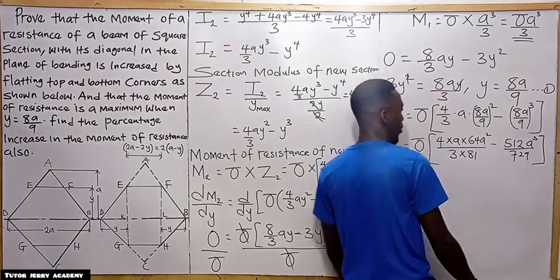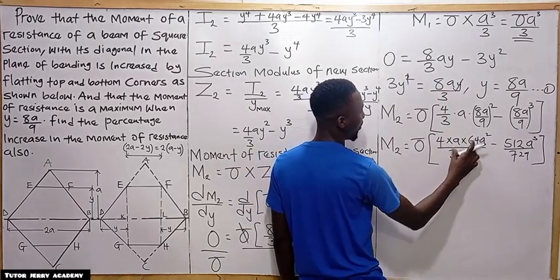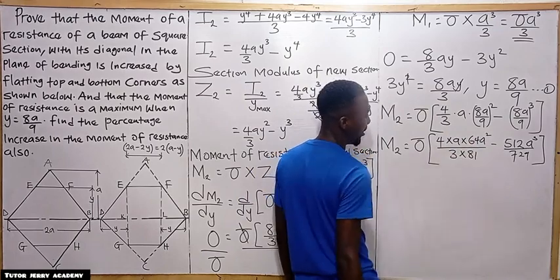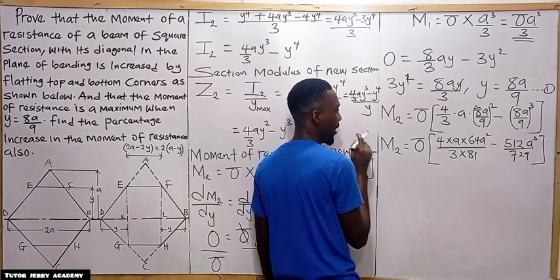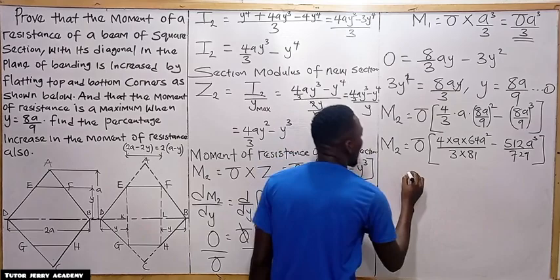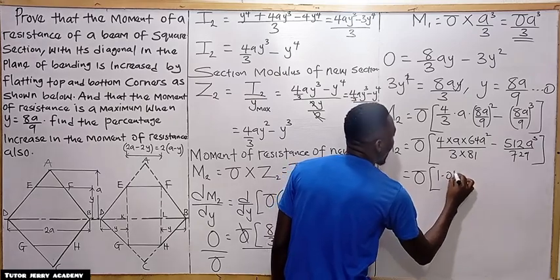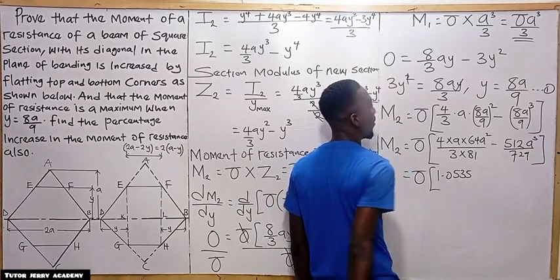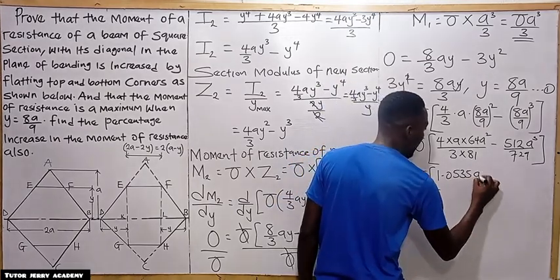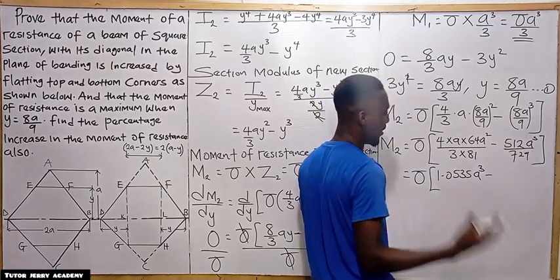All right. So you say 4 times 64 divided by 3 times 81. We are going to have 1.0535. So here we have stress into 1.0535 a to the power of 3, then minus 512 divided by 729.